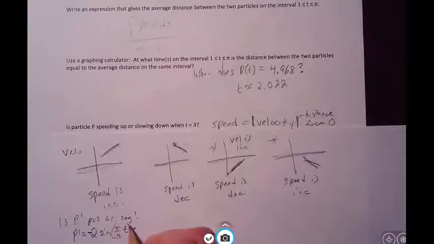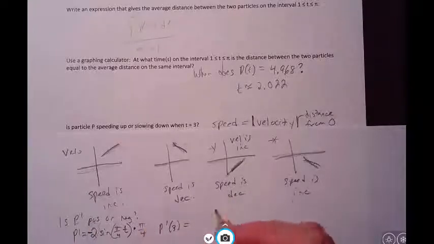And then you have to chain on the derivative of the angle, which is just pi over 4. So P prime at 3 is going to be, if I multiply these constants, negative pi over 2 times sine of 3 pi over 4. 3 pi over 4 puts you in the second quadrant. Sine is positive in the second quadrant.